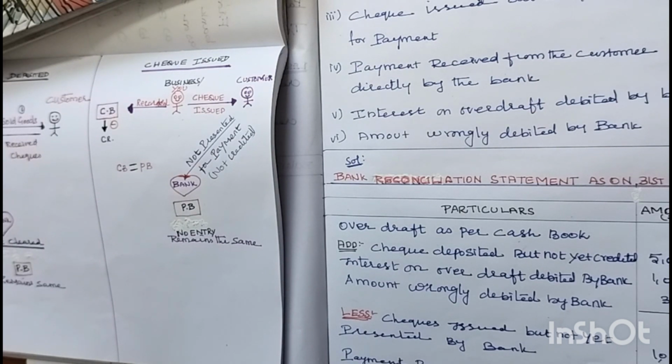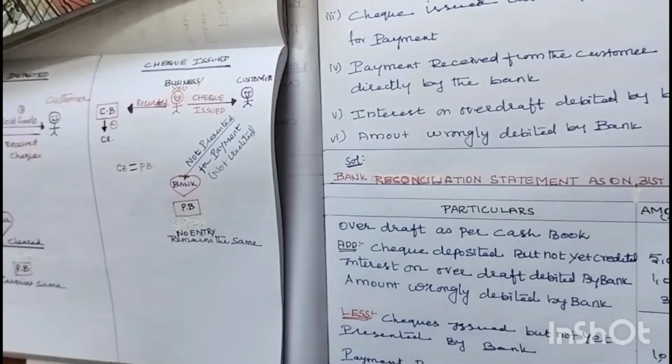We need to show the same balance on the passbook as per the cash book. So what is on the cash book? The cash book remains the same, no entry was made, which means we have to decrease or subtract 500 rupees on the passbook.